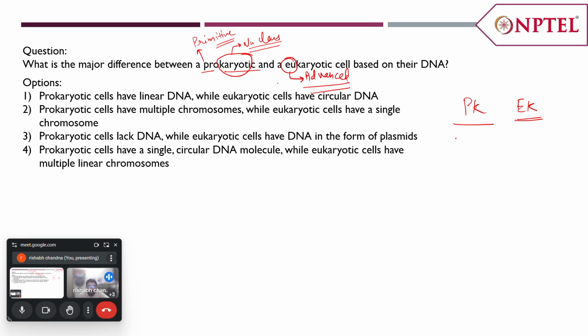In case of prokaryotes, we have two types of DNA present. First is the chromosomal DNA, or the nuclear DNA as we call it, and the other one is the extra chromosomal DNA. The chromosomal or nuclear DNA is circular in case of prokaryotes, although this is also circular.